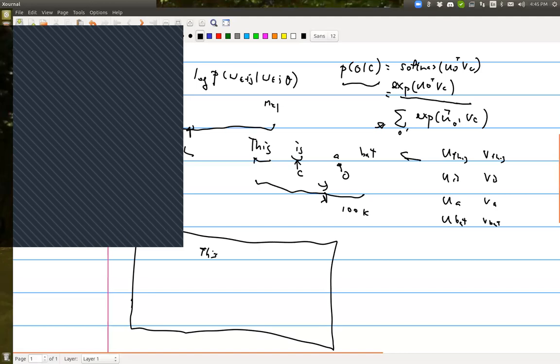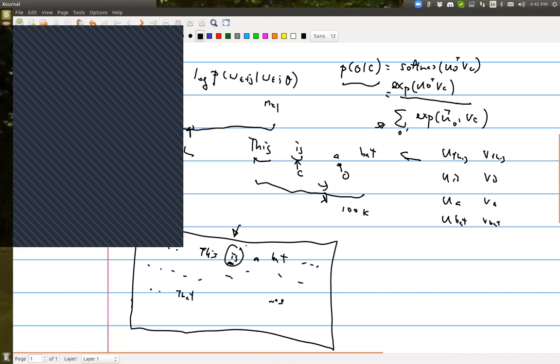Suppose there's also the sentence "this is a bat", and there are more words in the document, maybe a word "that", "was", and some other words. So if I consider just this center word, that corresponds to a particular t, a particular center word.